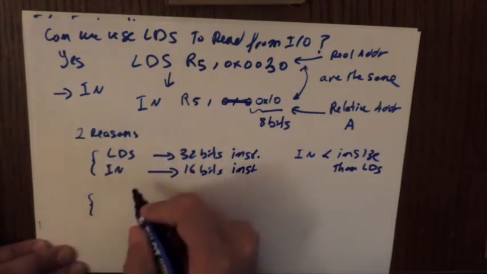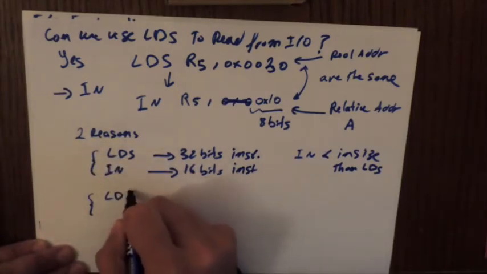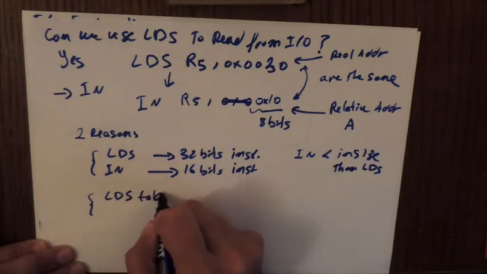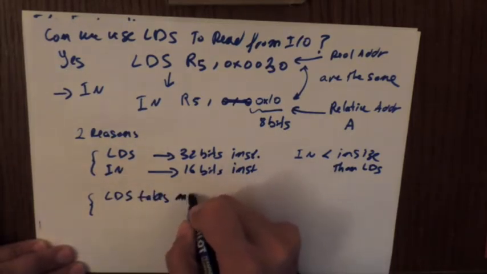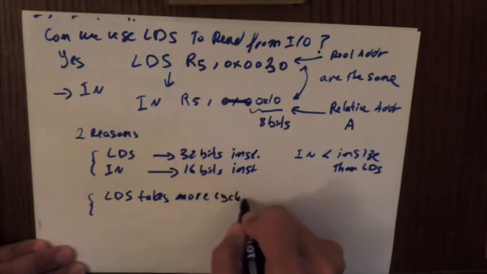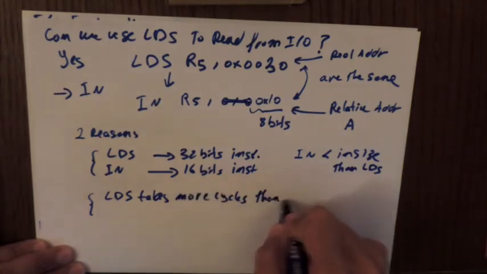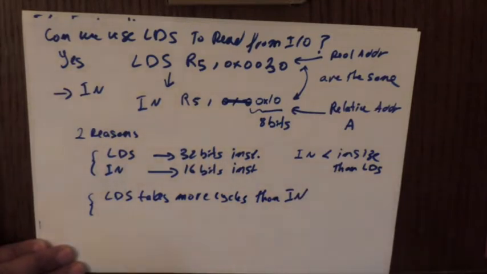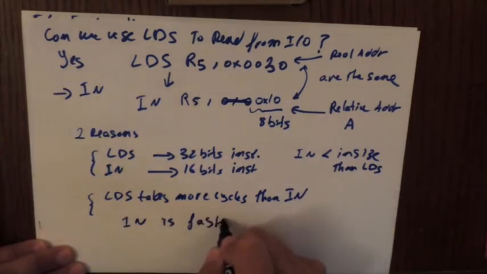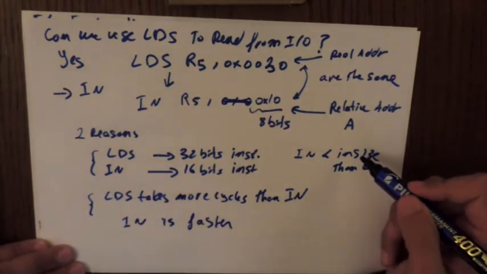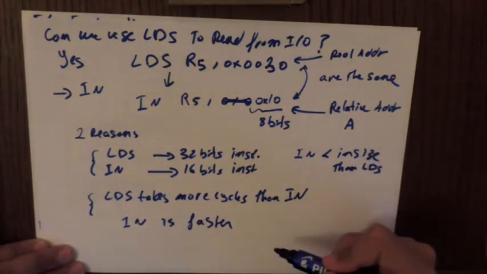The second reason is that LDS takes more cycles than IN. So this means IN is faster. So reduced code size and a faster performance.